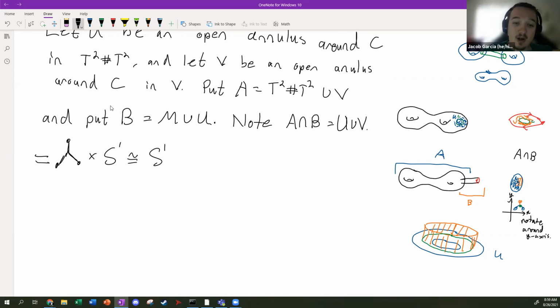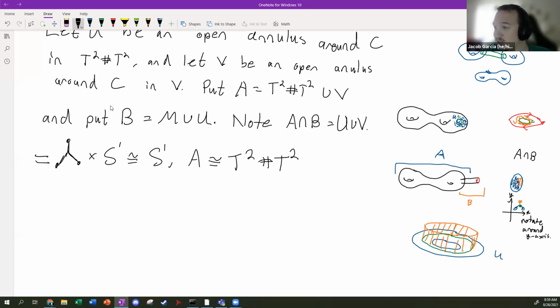But also note that up to homology, A is homology equivalent to just the genus 2 surface, because I can take the little bit that is the open cylinder and deformation retract that annulus down to the boundary circle on A.